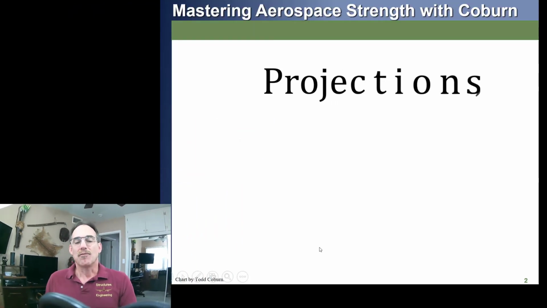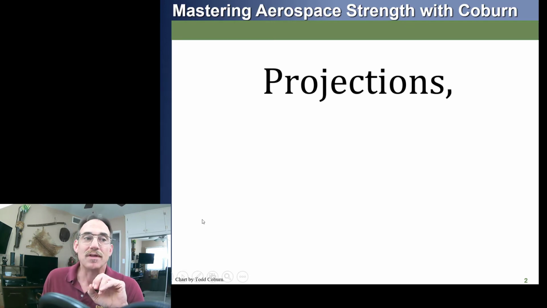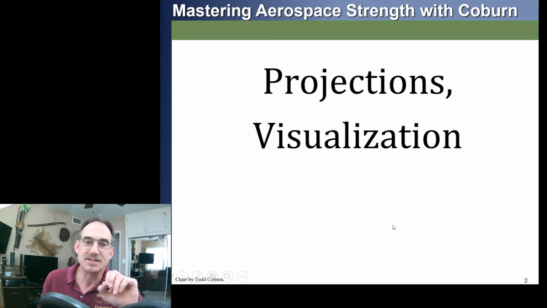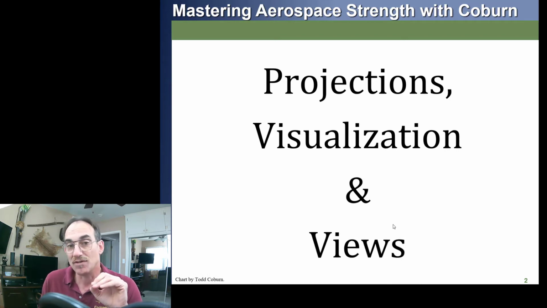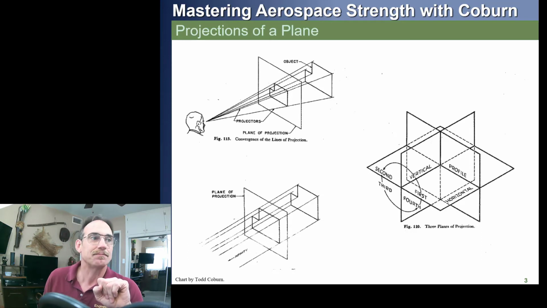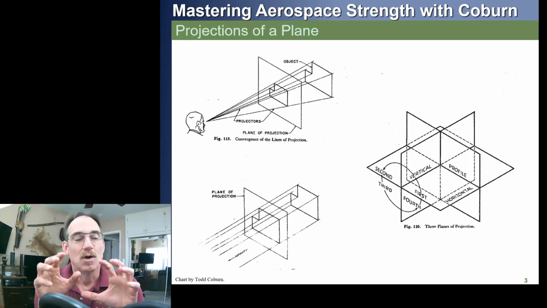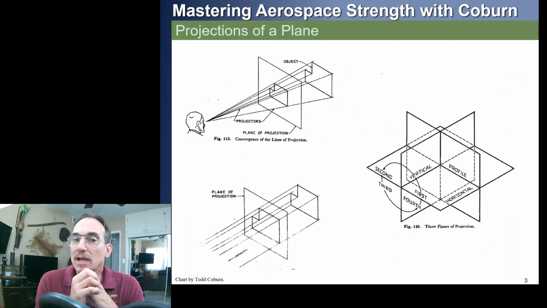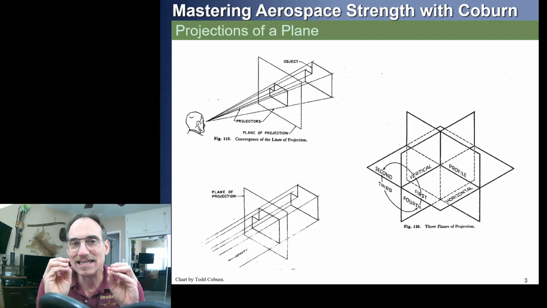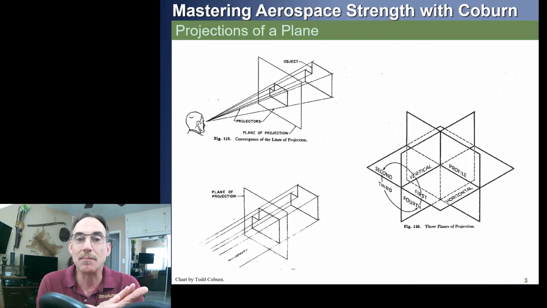So first we're going to start off with understanding projections, visualization, and sketching or views. Okay, so let's take a look at this idea first. Starting off with projection, one key skill of engineering is being able to visualize how something looks on flat paper.